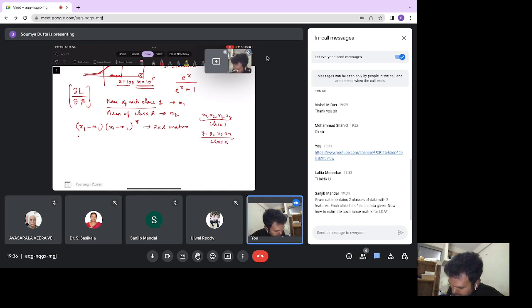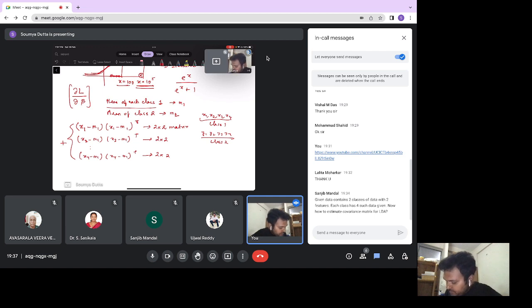You will now take x2 minus m1, x2 minus m1 transpose. Again, this will be a 2 cross 2 matrix. Likewise, you will go up to x4 minus m1 and x4 minus m1 transpose, and sum them all up.